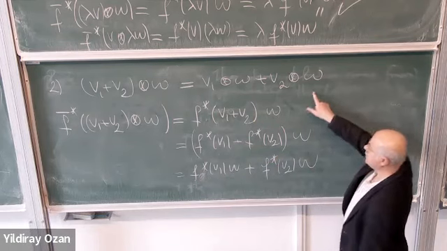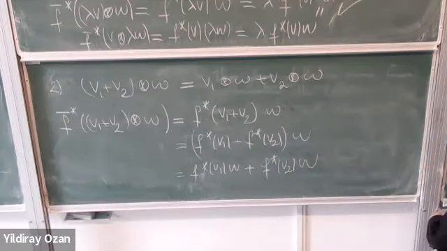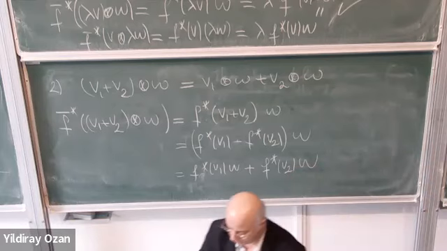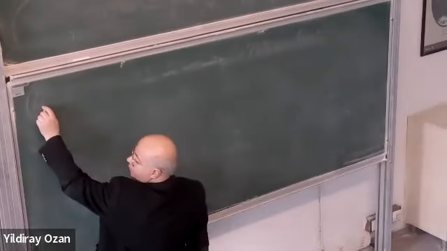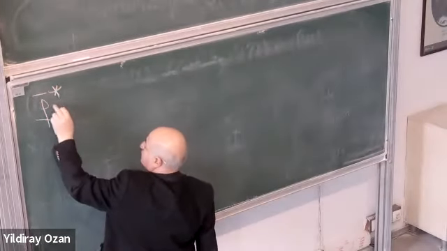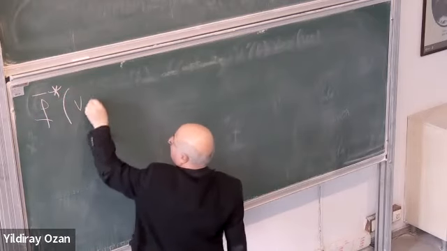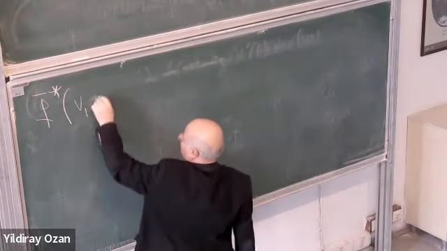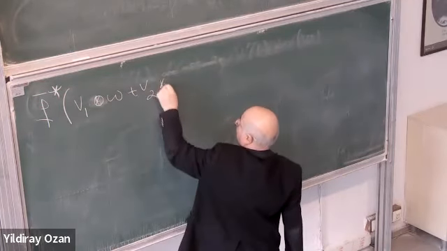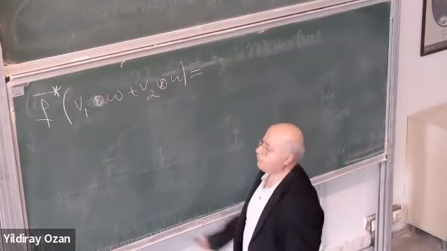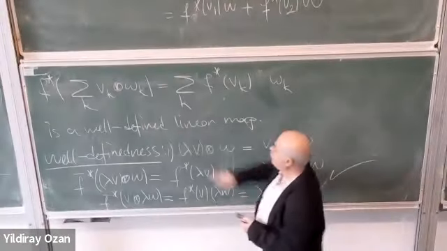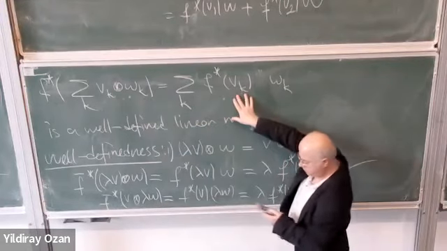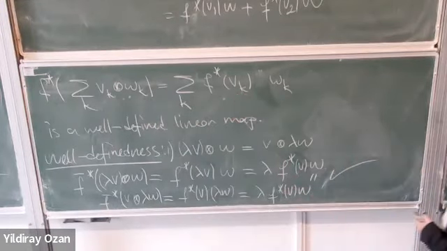But what about F bar star of this gadget? So let's also compute that one. F bar star of V1 tensor W plus V2 tensor W. How did we define the value of this gadget? Well, we defined it this way. For each summand, I apply this, right? So that's what I'm going to do.